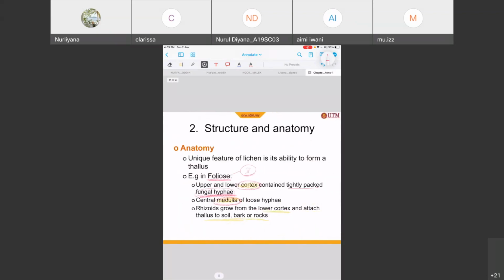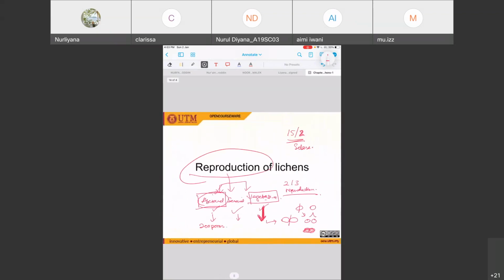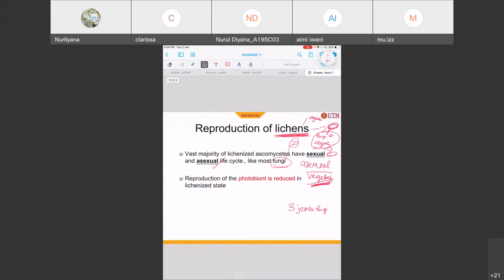We go as a whole in sexual types of reproduction. In lichens, reproduction of the photobiont is reduced in a lichenized state. It means we use it as a whole. Because they form one organism which is lichen, the photobiont's reproduction life cycle is no longer used. Okay.